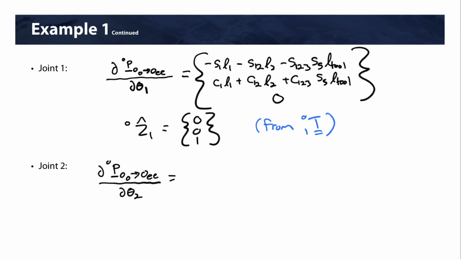And if you do that, you're going to get minus S12L2 minus S123 S5L2. You're going to get C12L2 plus C123 S5L2. Again, we'll have 0.